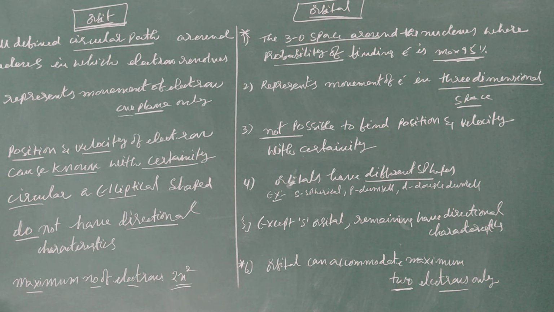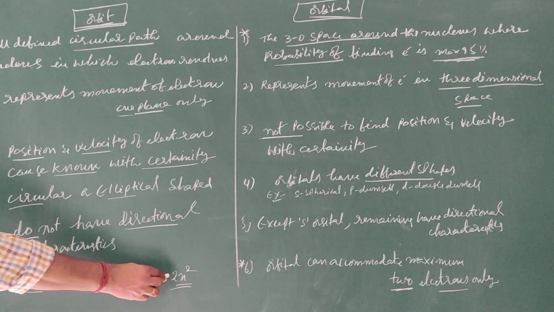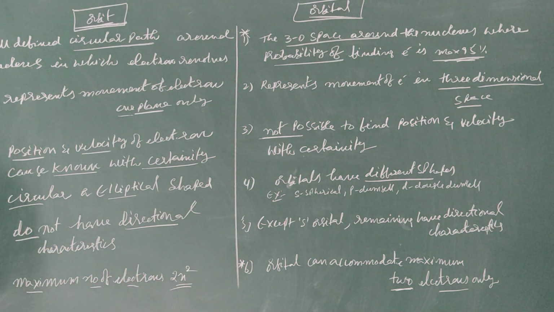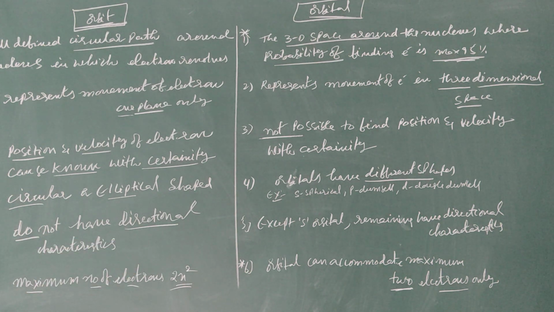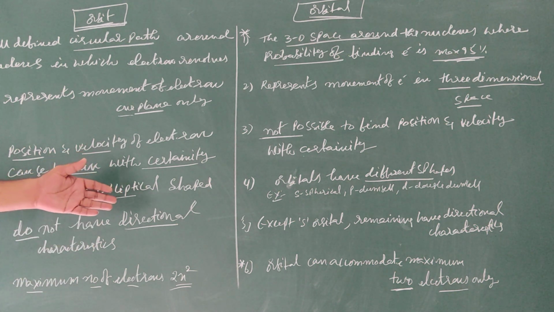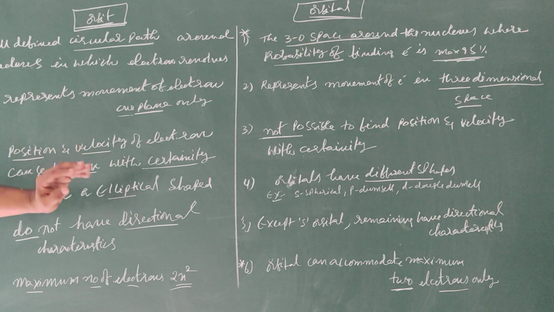Last one, the sixth point. The maximum number of electrons in any orbit is equal to 2n square. In an orbital, the maximum number of electrons is only 2.